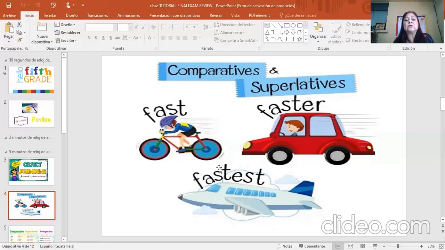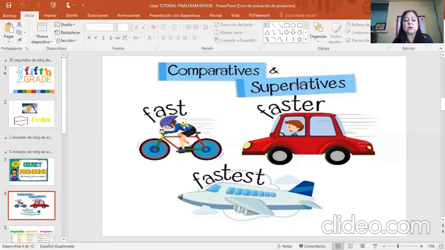So when we talk about comparatives and superlatives, we have to remember that the comparative is made between two things, two persons, two objects. In this case, we can say the car is faster than the bicycle.